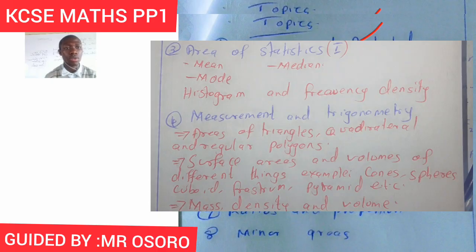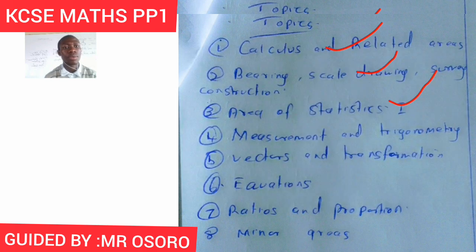Again, you're supposed to look at histogram and frequency density. Ensure you know how to get the mode, mean, median, and how to construct or draw a histogram and frequency density. You must expect a question in Section B and also in Section A.